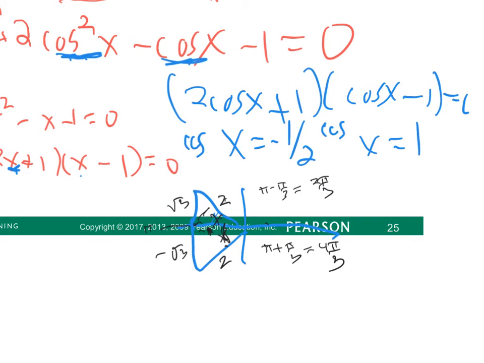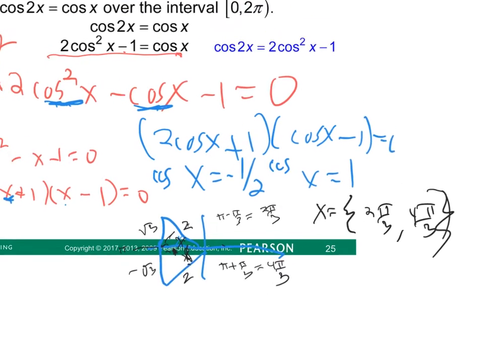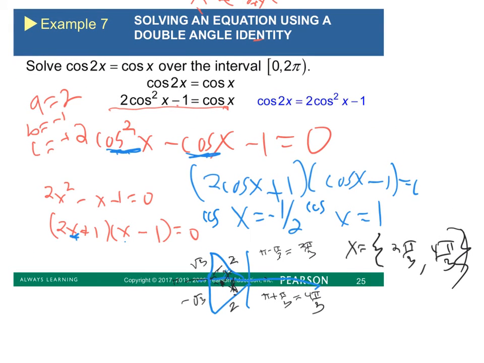The solution set, x is 2 pi over 3 and 4 pi over 3. And I'm lazy. I don't always check my answers, but it probably would not be a bad idea to check them. I cannot guarantee you that both of those work.